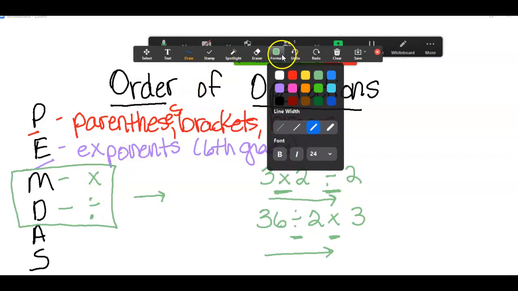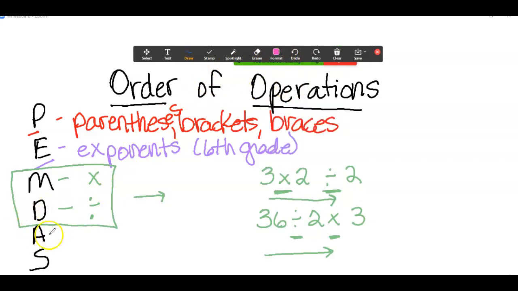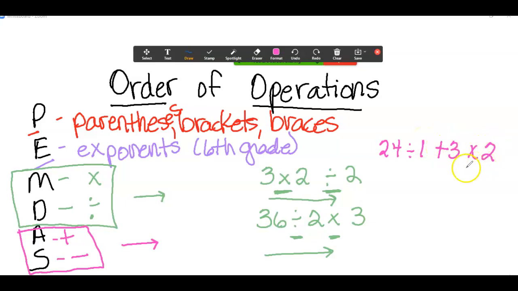The same thing goes for A and S. A stands for addition and S is subtraction. We also look at addition and subtraction at the same time, and we go from left to right. So let's say I have this expression.